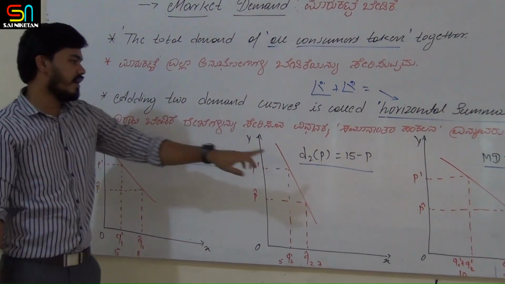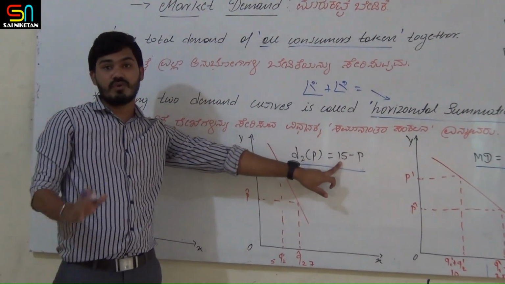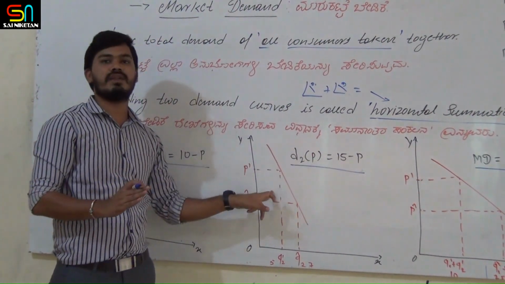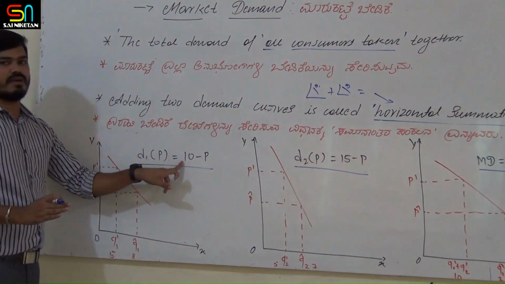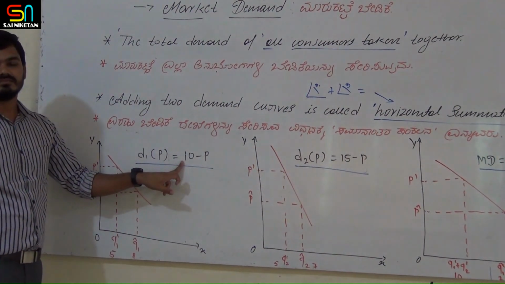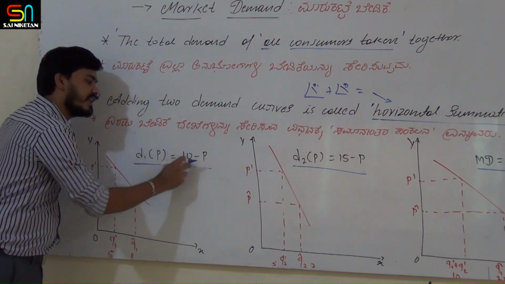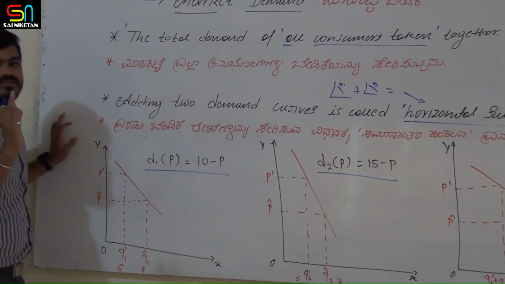But when it comes to demand 2, his prices always start from more than 15 rupees only. There is no product available for less than 15 rupees in demand 2. But when it comes to demand 1, there are no products available at more than 10 rupees. It means his maximum limit will be 10. So above 10, he will be buying and selling goods and services in the market.